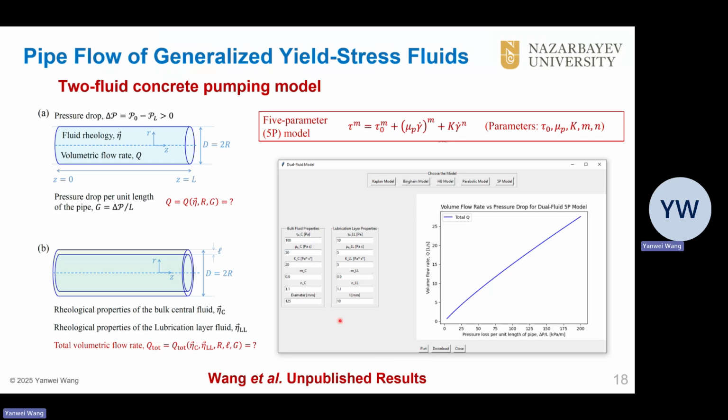This slide shows the direction we are building forward, a two-fluid pumping model where fluids can follow the generalized yield stress fluid model. We're also developing computational tools like this interface shown here to explore how those rheological parameters affect the pressure flow relation.